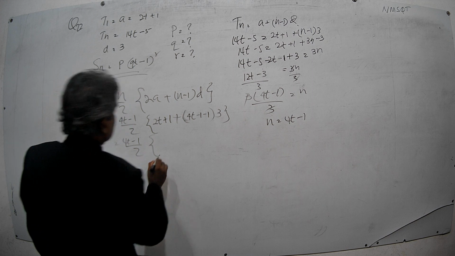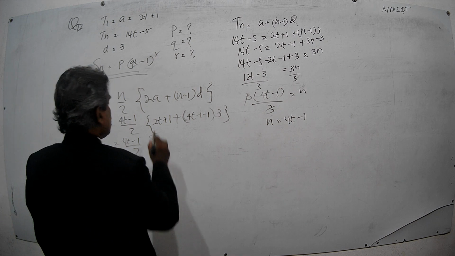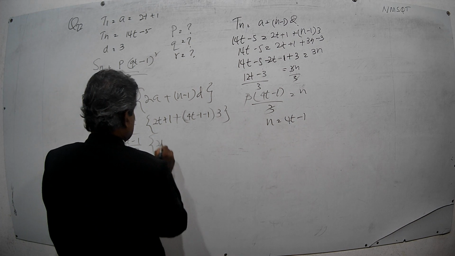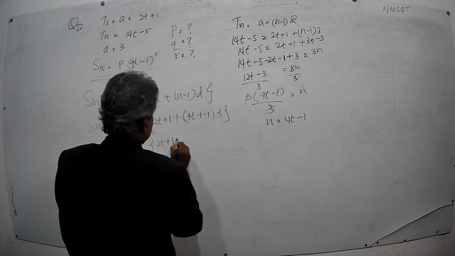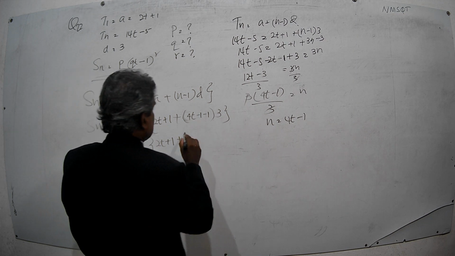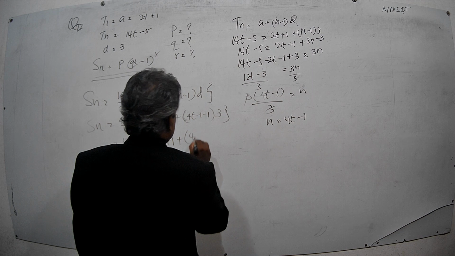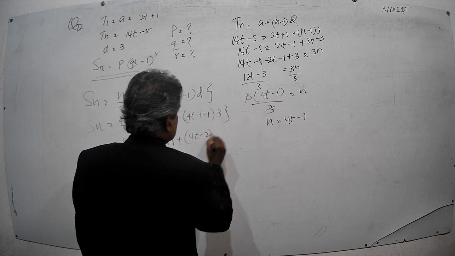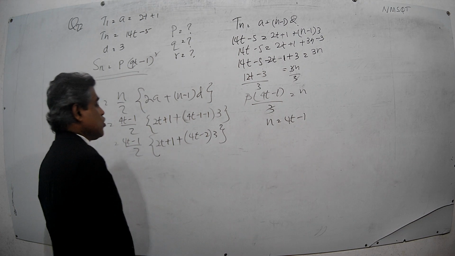Then 2t plus 1, plus then here you can write 4t minus 1 minus 1, minus 2, then 3. Okay, now you remove brackets.